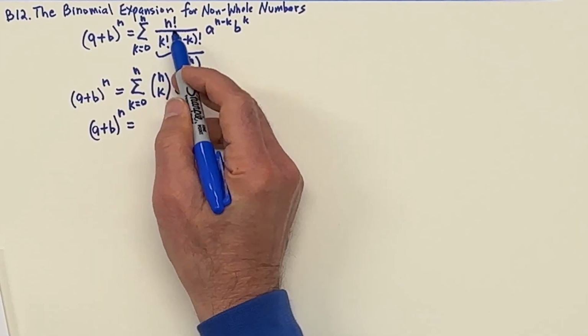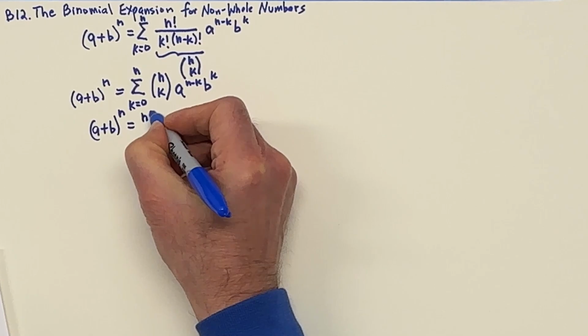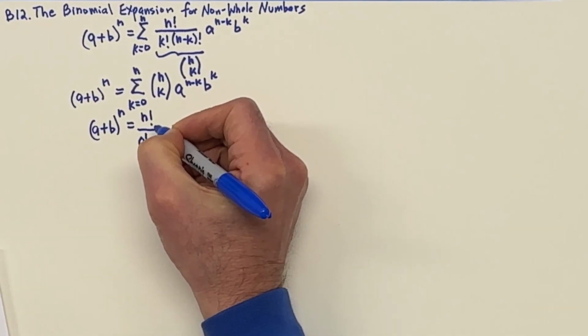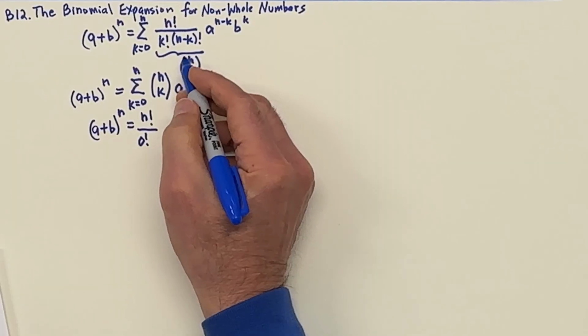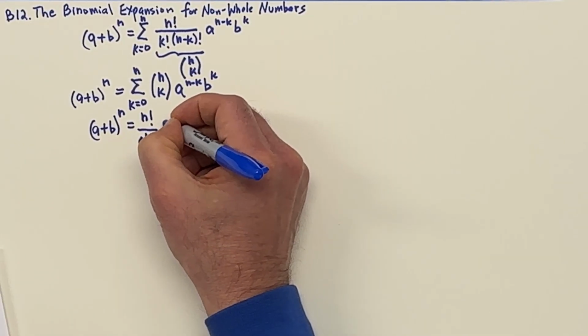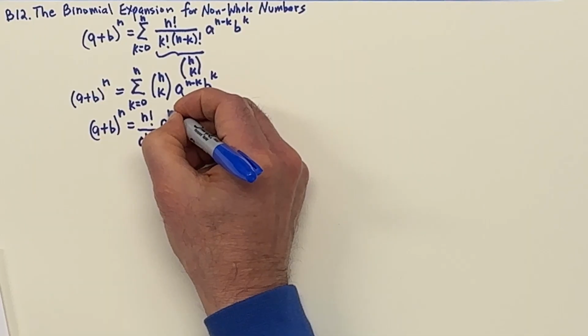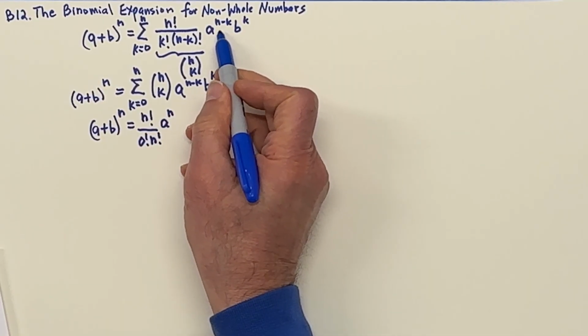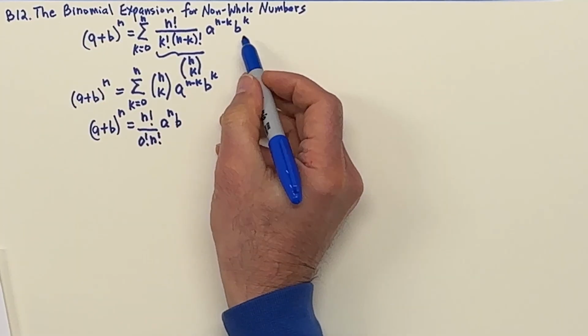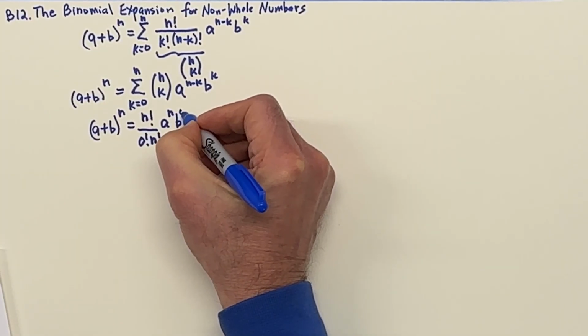Then I would have n factorial over 0 factorial, and then n minus k is n factorial. And that would be a to the nth power, because k is 0, n minus 0 is n, and b here to the k power would be the 0th power.